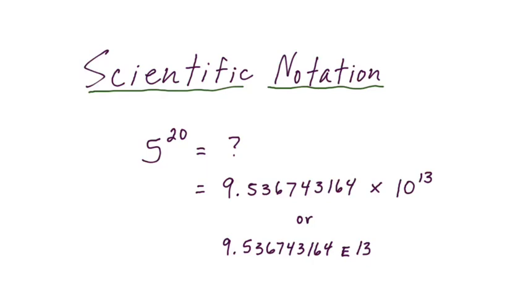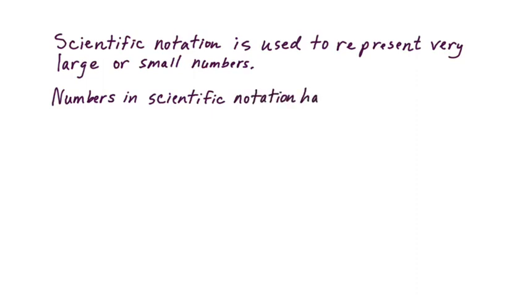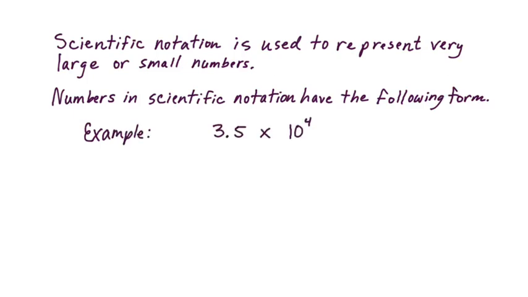Let's move on to the next slide here. So scientific notation is used to represent very large or very small numbers. Numbers in scientific notation have the following form. Here's an example: 3.5 times 10 to the 4th power.